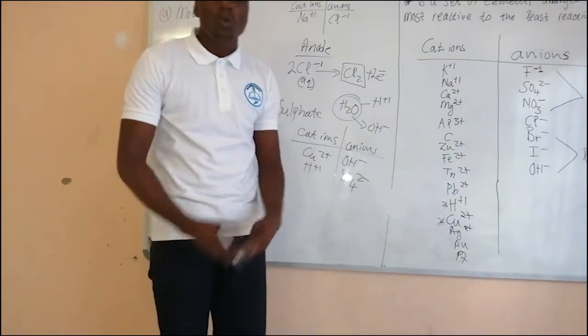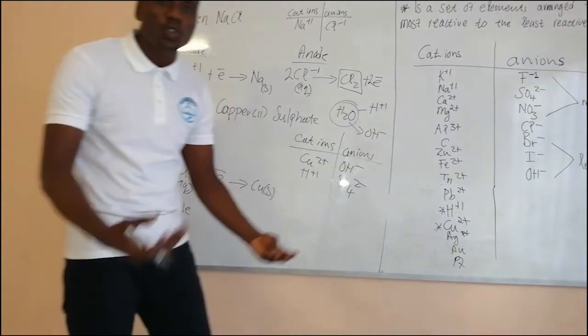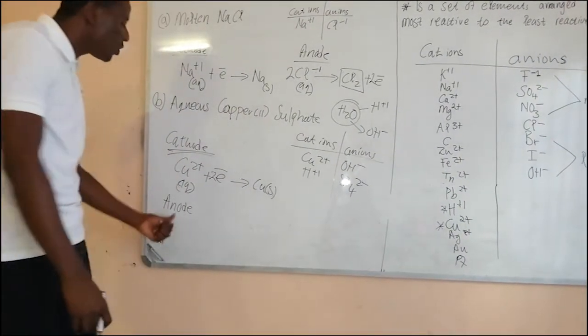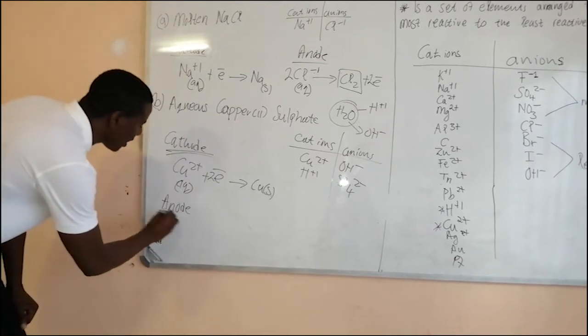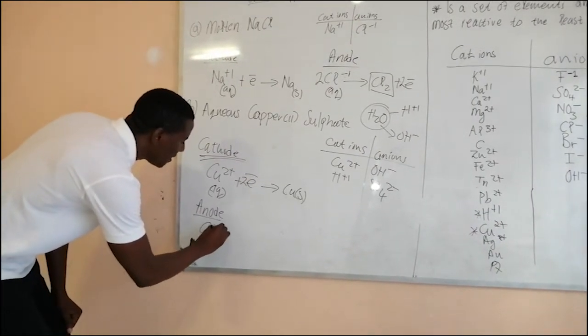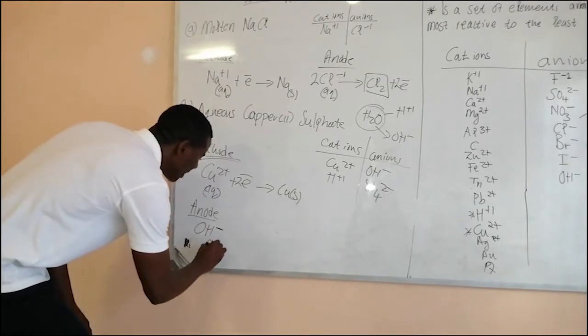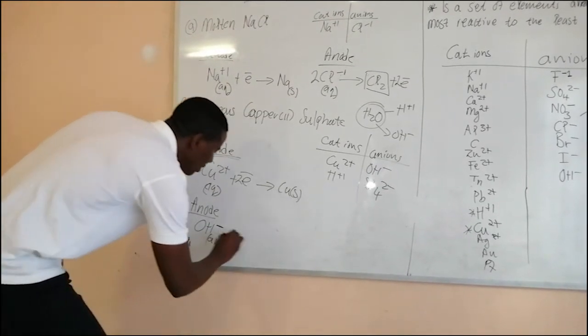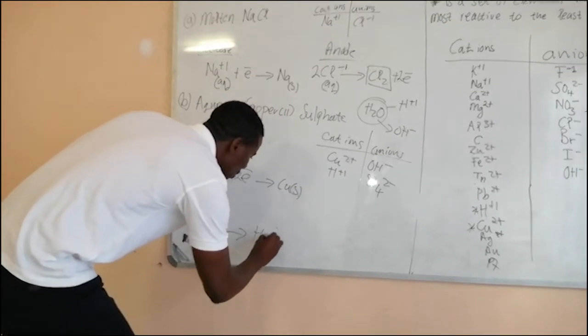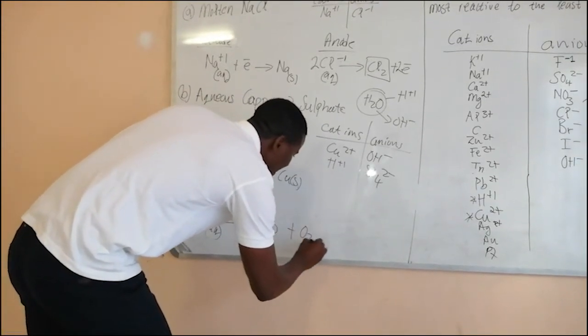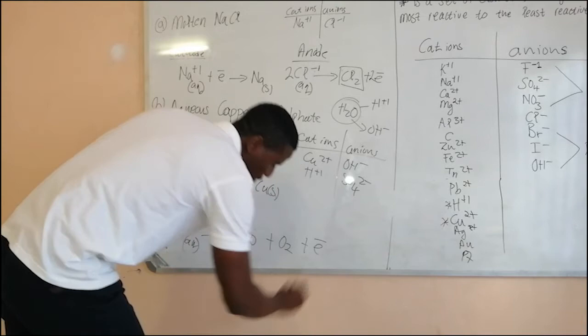Like we said, the one that is less reactive is going to be discharged. So at the anode, we are going to have OH- discharged. Then what do we get? We get H2O plus oxygen plus electrons.